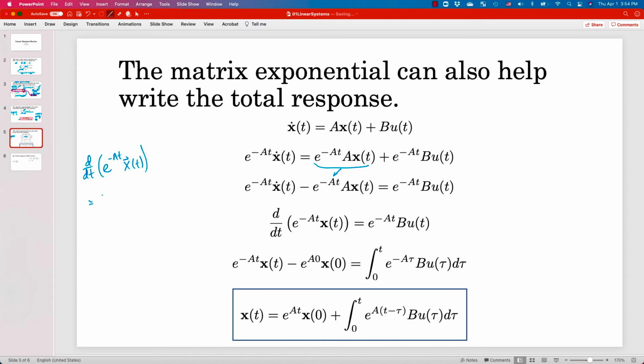So this is the derivative of the first times the second, so d/dt of e to the minus At, times the second, plus the first, the matrix exponential, times the derivative of the second, which is the vector x dot.